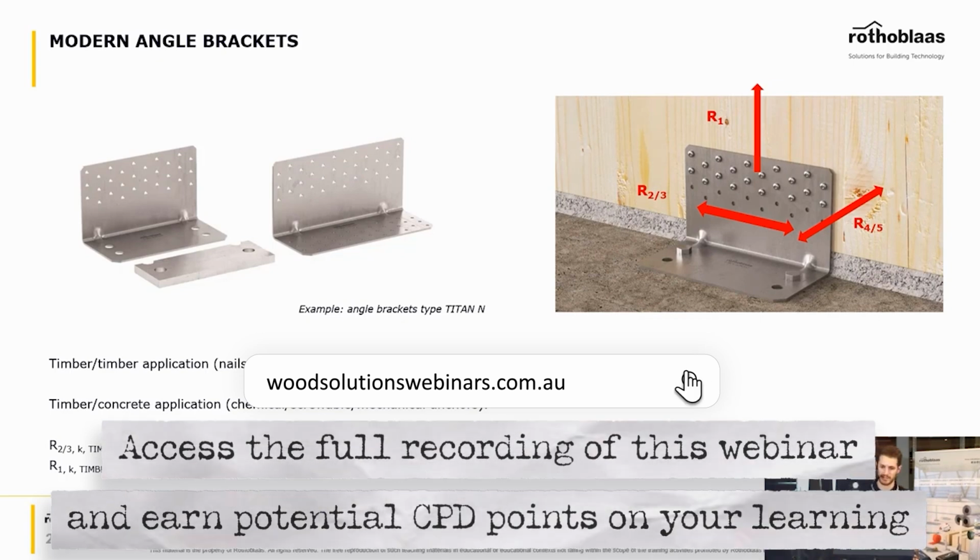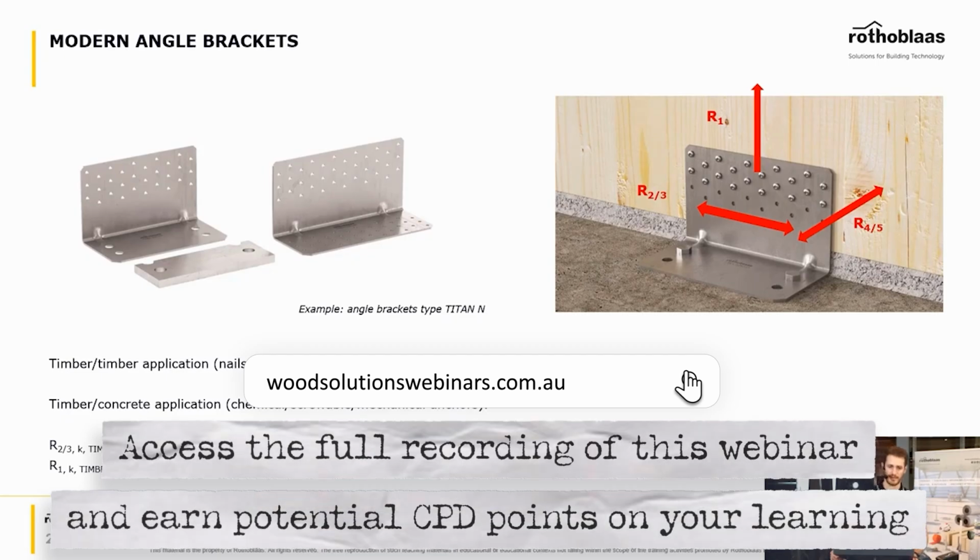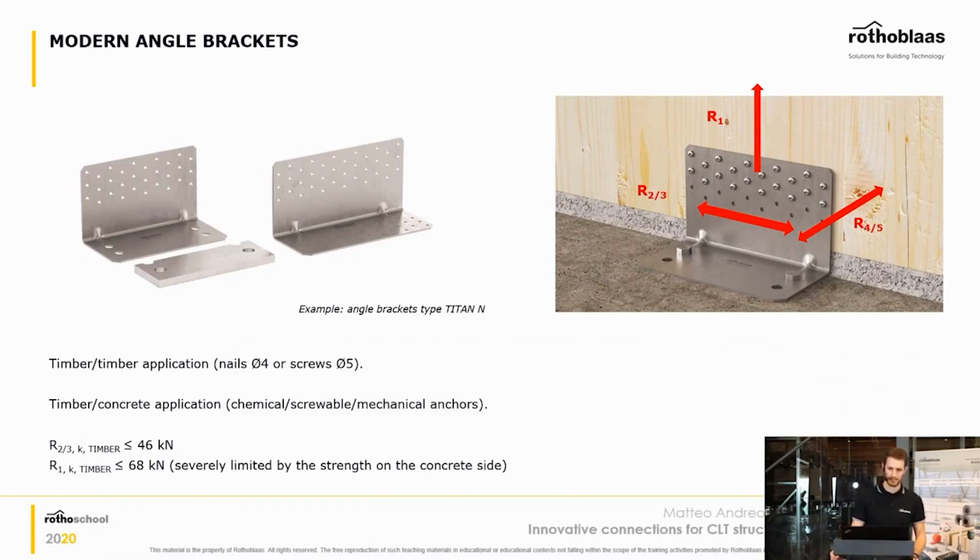Angle brackets have been on the market for many years. But as time passed and as CLT structures became more and more popular, those plates became more engineered. They developed as well. So let's have a look at what we achieved through the years.